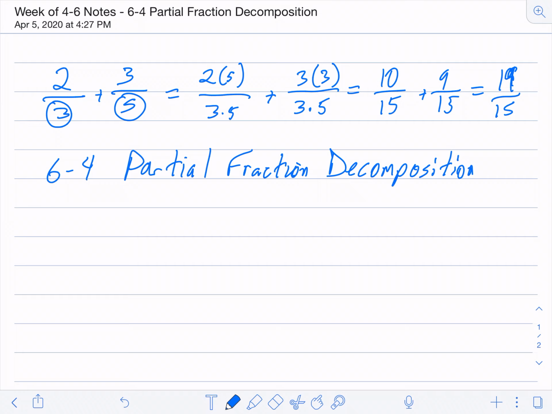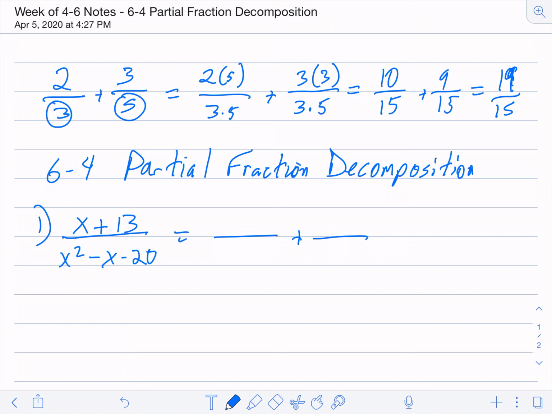We're going to take a rational expression and break it down into simpler fractions. Let me give you an example. In this first one, I have the fraction x plus 13 over x squared minus x minus 20. Now I'm going to break that down into two simpler fractions.